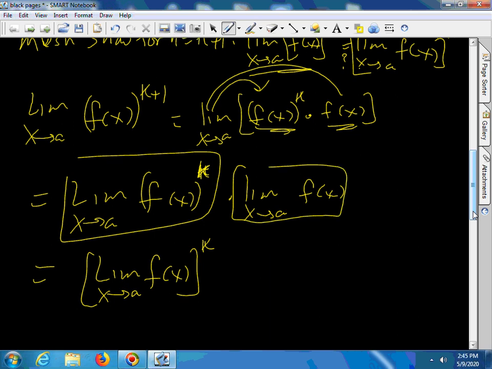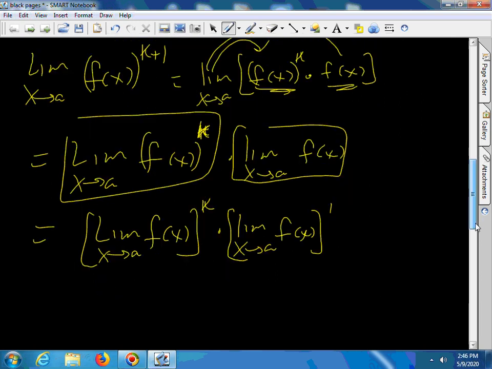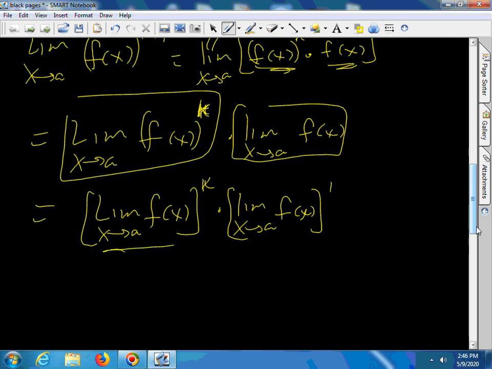And this here is a real number. Limits are real numbers. I guess we should have said that the limit is finite and exists. I can say this is to the first power. Again, I don't care what this is. You raise it to the kth power, and you multiply it to the first power.